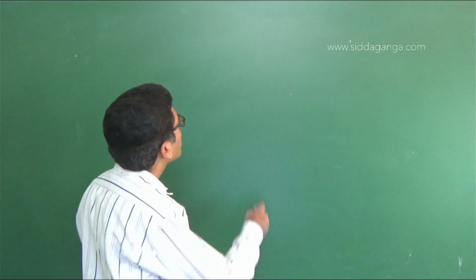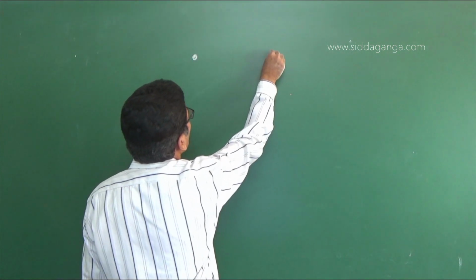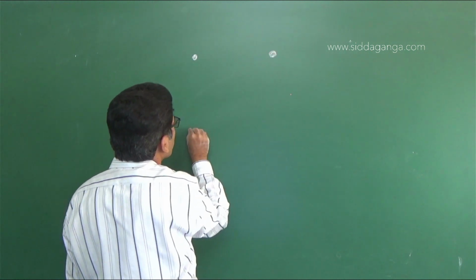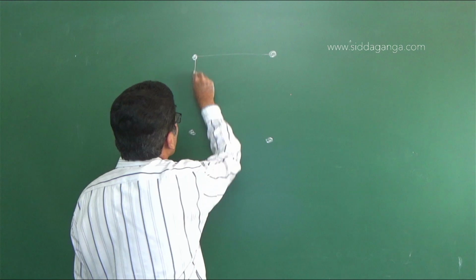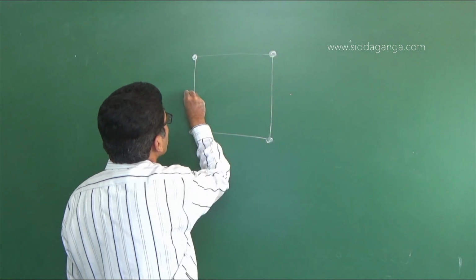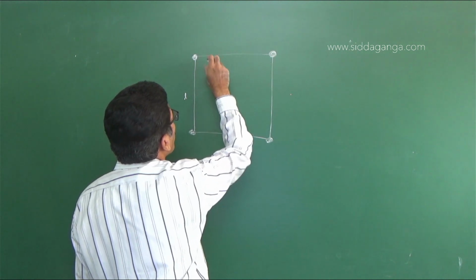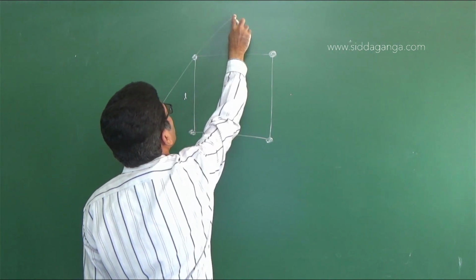Now we shall consider 4 equal masses which are forming a square, where they are at the vertices of a square of length L. And here this is the axis.